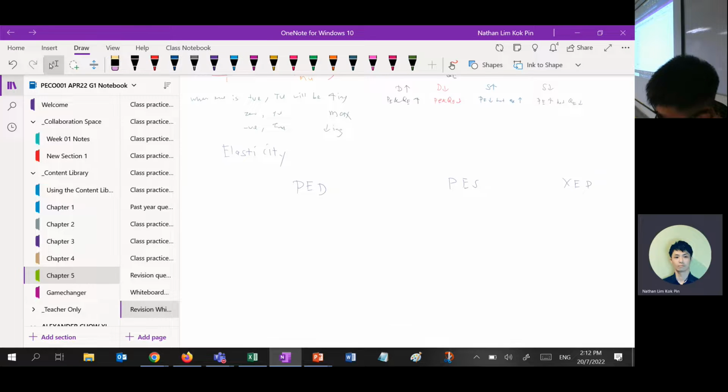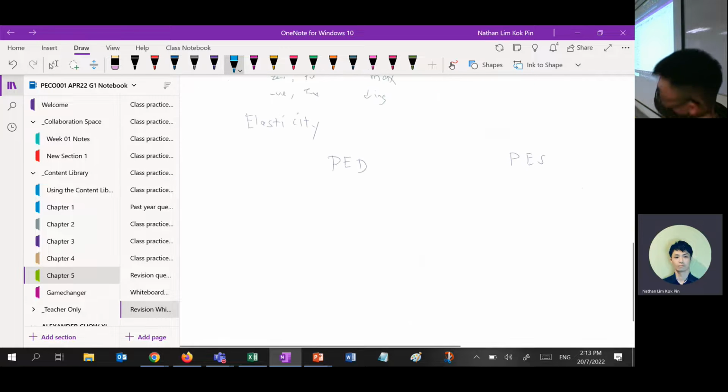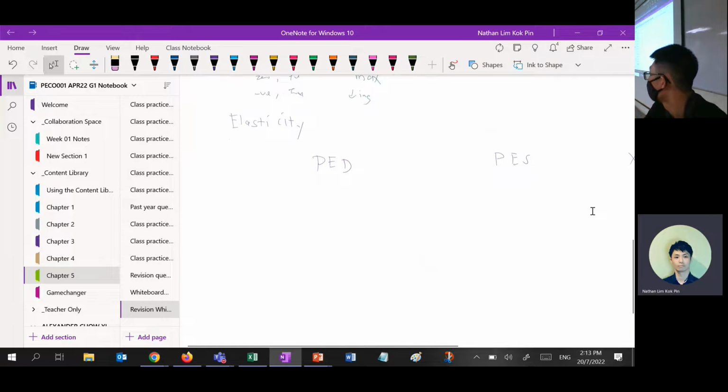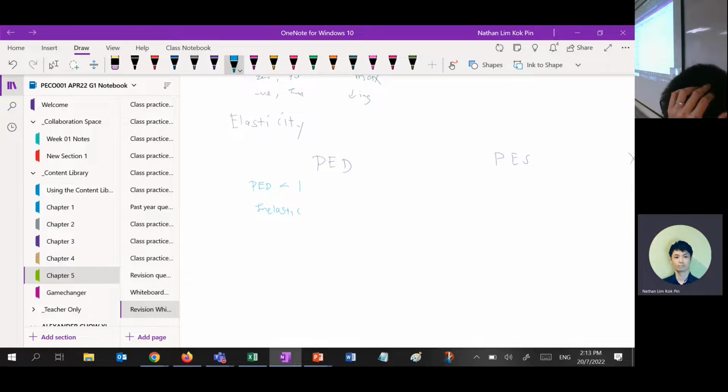You need to know they are elastic or inelastic. PED less than 1 is inelastic. PED greater than 1 is elastic.